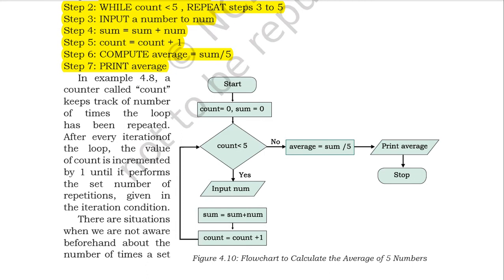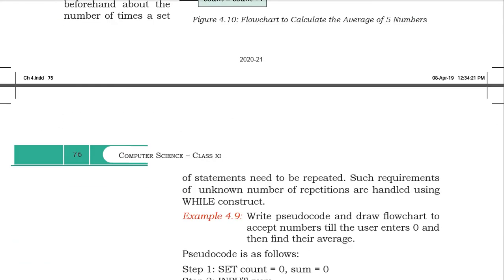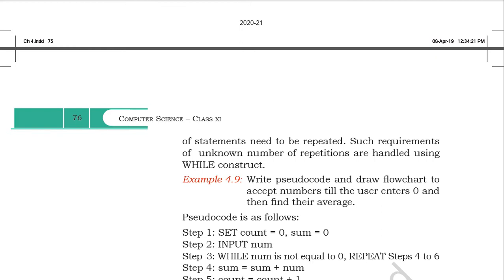So in the yes section, input num, then sum equals sum plus num, and count equals count plus 1. If no, then average equals sum by 5, print average and then stop. This is the flowchart to calculate the average of 5 numbers.